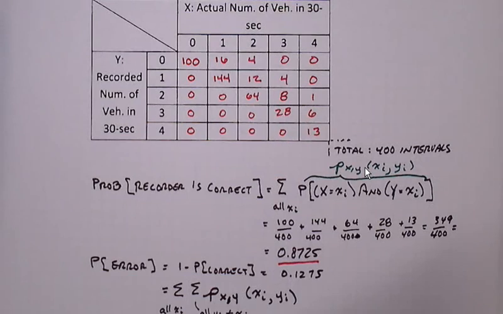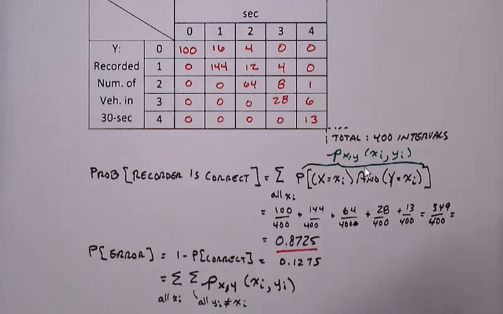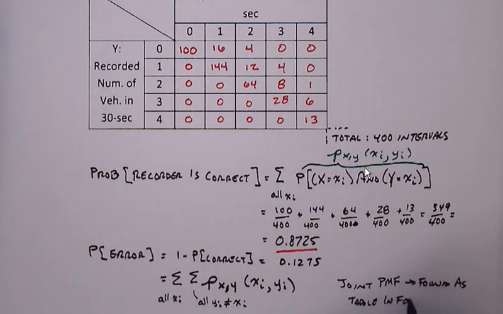And so we go back in this very specific case that the joint probability mass function can be found as the table above in the form of relative frequencies.